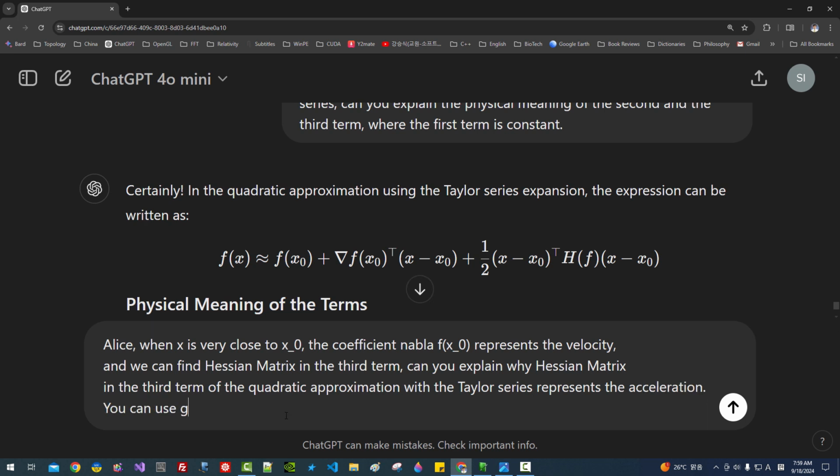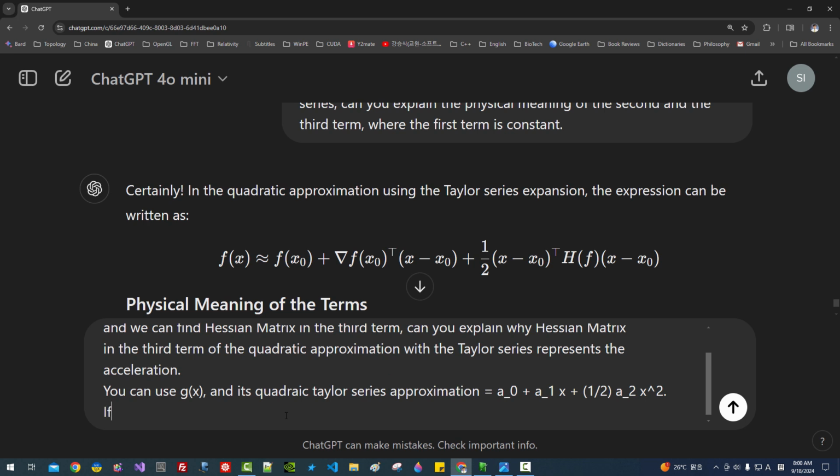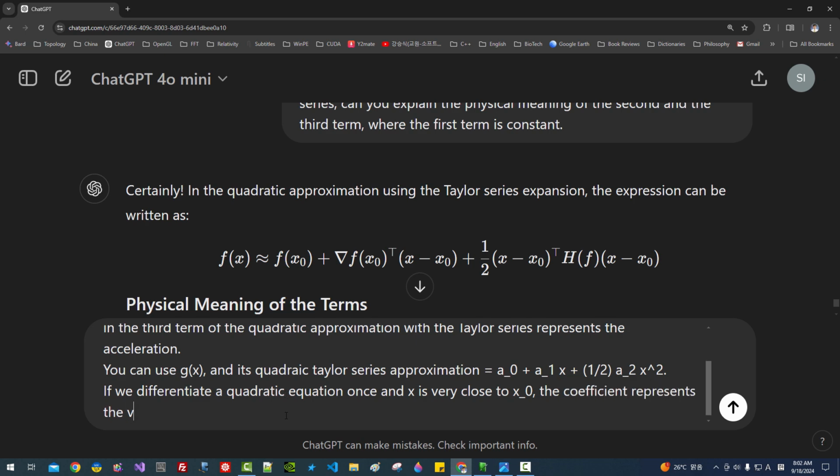You can use g of x and its quadratic Taylor series approximation, a0 plus a1 x plus 1 over 2 a2 x squared. If we differentiate a quadratic equation once and x is very close to x0, the coefficient represents the velocity.